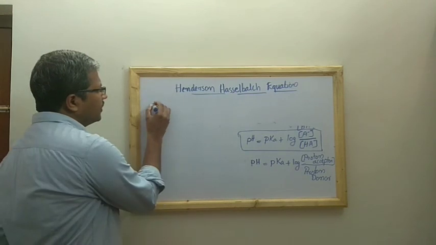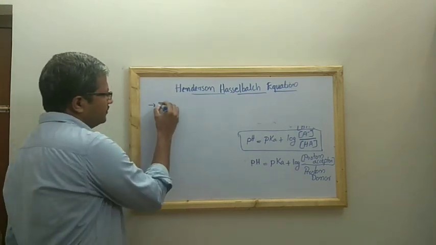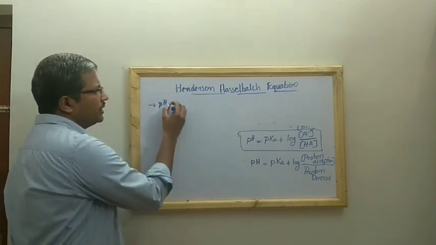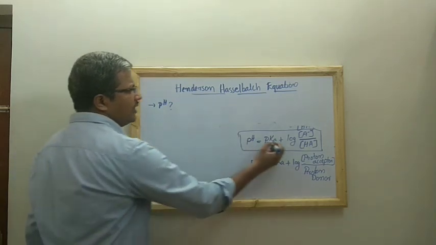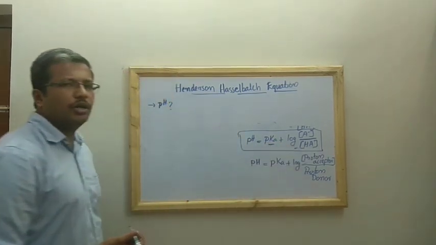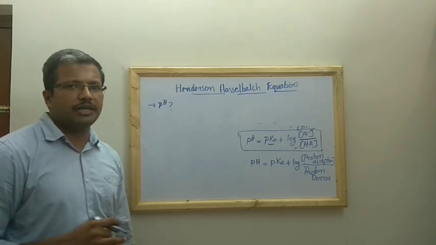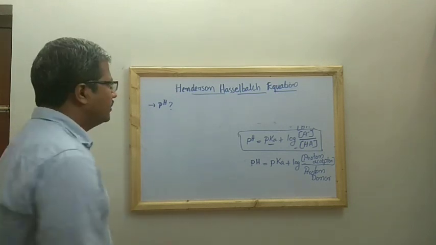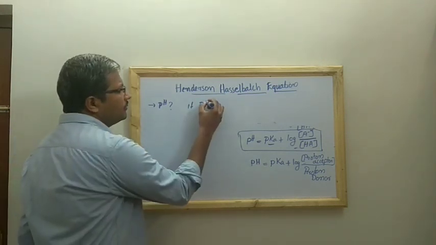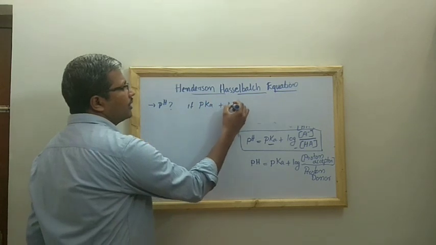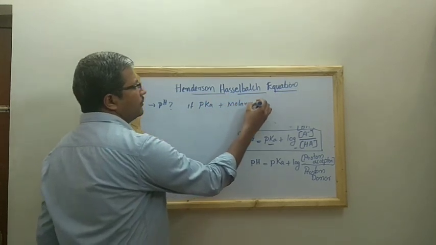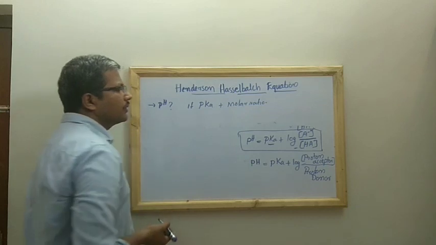It's easy. You can find out pH if pKa and the molar ratio of proton donor and proton acceptor are given.